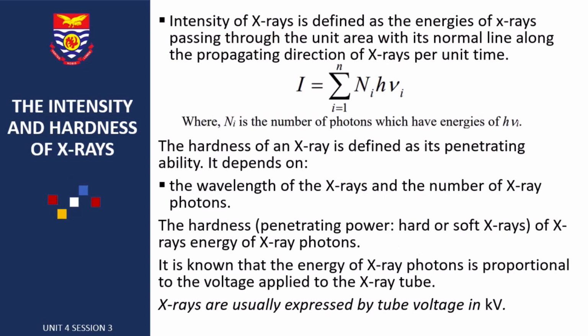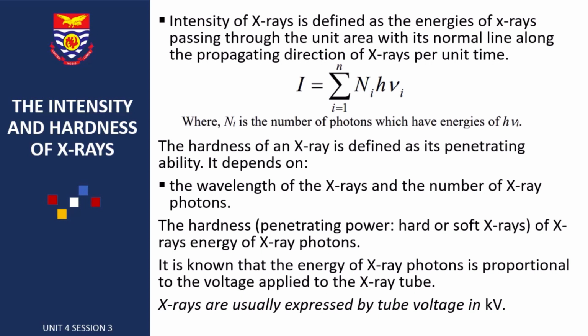So here, we are going to learn the intensity and hardness of X-rays. When we say the intensity of X-rays, it is defined as the energy of X-rays passing through a unit area with normal line along the propagating direction of X-rays per unit time.